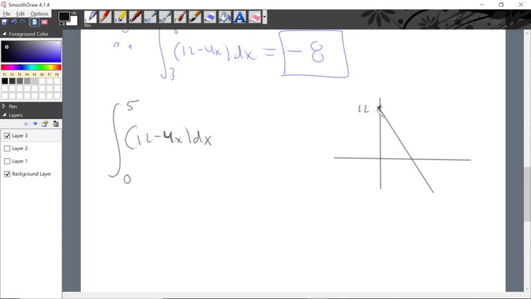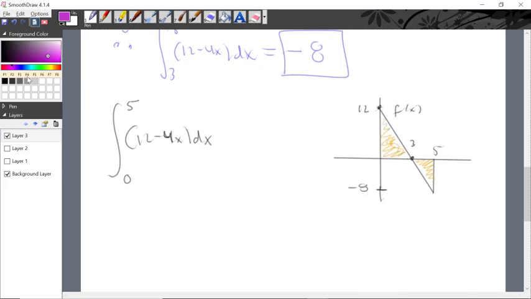So this is 12 right here, there's our f of x. It crosses at 3, and then this goes up to 5, where the y value was negative 8. So we have this region down here, and we have this region up here.